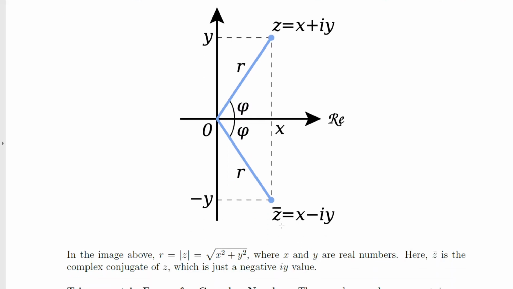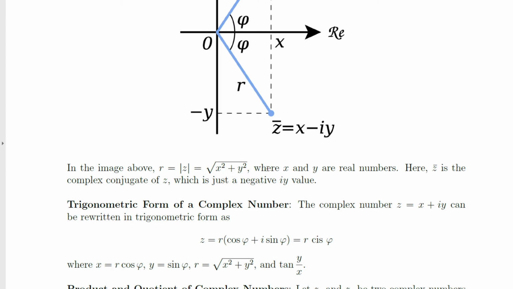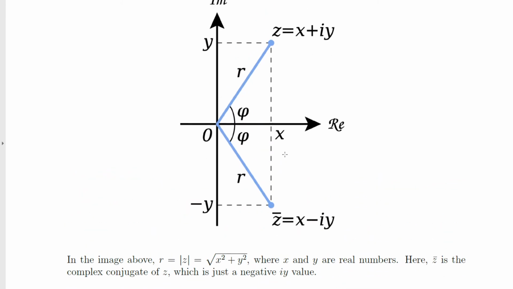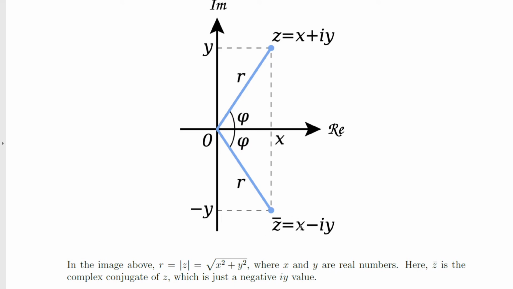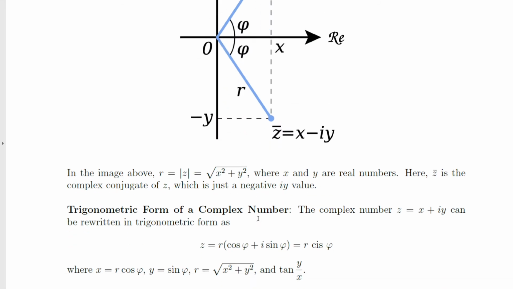Something that you'll see down here below is just the complex conjugate, which is actually, you just take it and you flip it down. So you've got a positive iy, you make it a negative iy. Okay, that's what's called the complex conjugate. It's referenced with a little bar over top of the z.